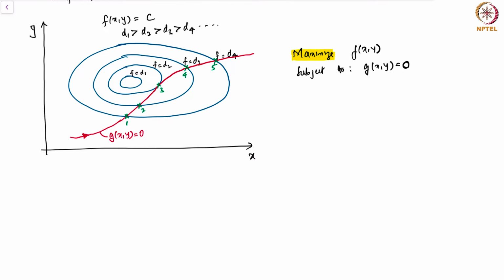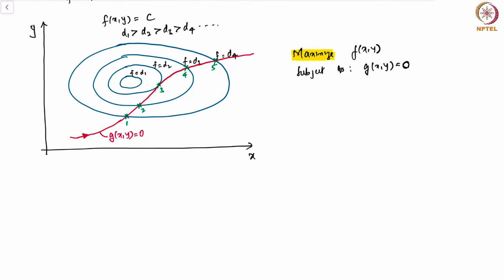Now notice that if you walk along this constraint, that is g as shown in the red arrow, then when you maximize f of x comma y and you're also on the constraint, you should just barely touch, meaning the constraint g of x comma y should barely kiss one of the contours of f of x comma y.